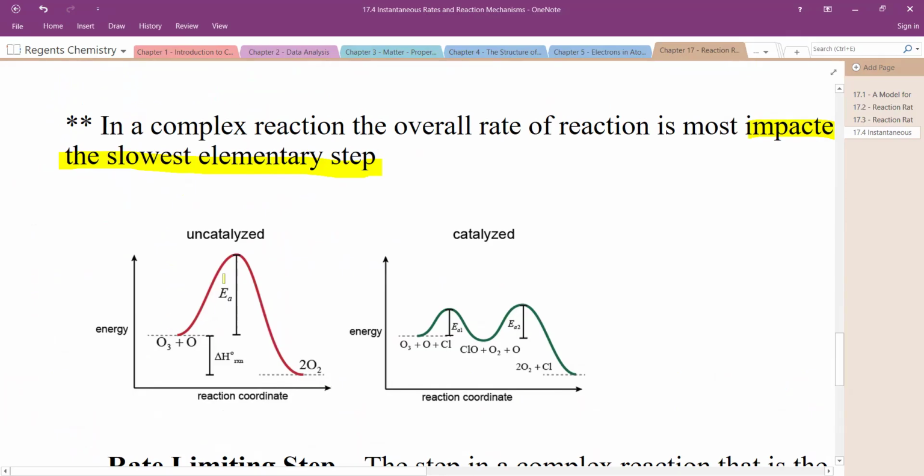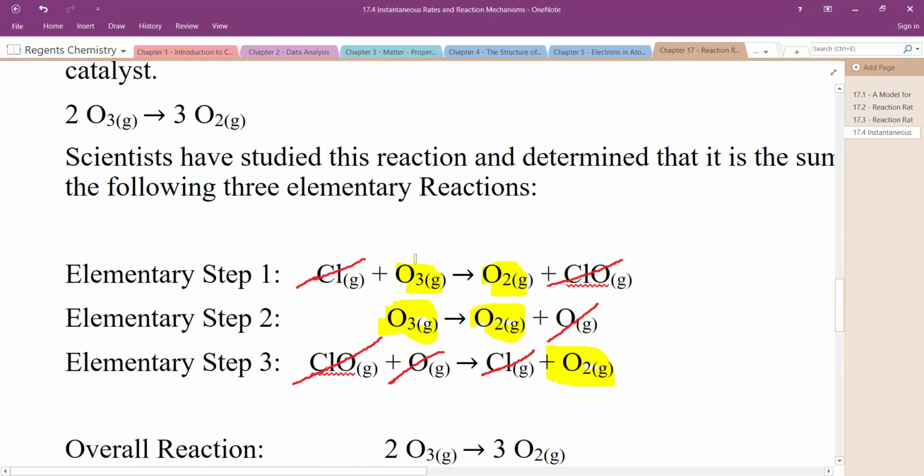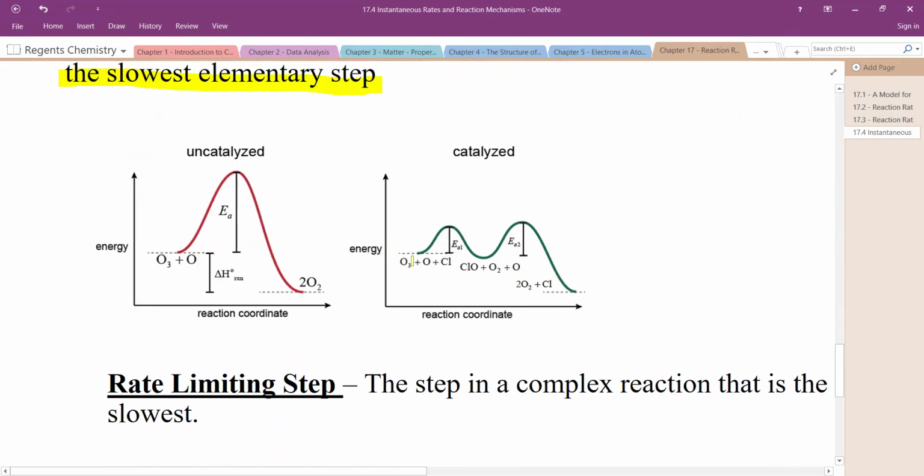Now, if I consider the catalyzed reaction, where I have back-to-back reactions, I see I have one and then two activation energies. They're not created equally; these are different activation energies. What I can see quickly is that my second activation energy is slightly higher than my first.